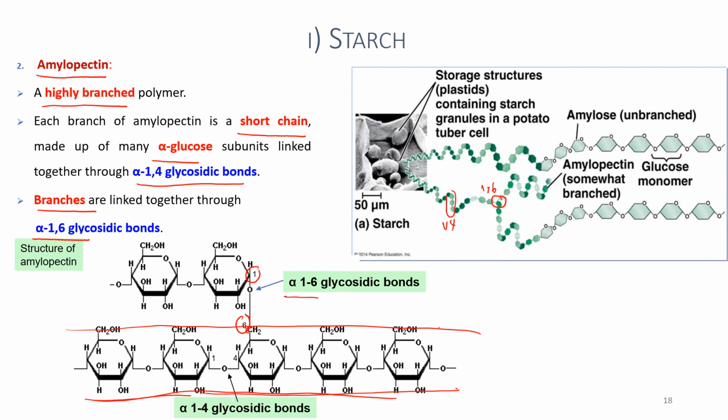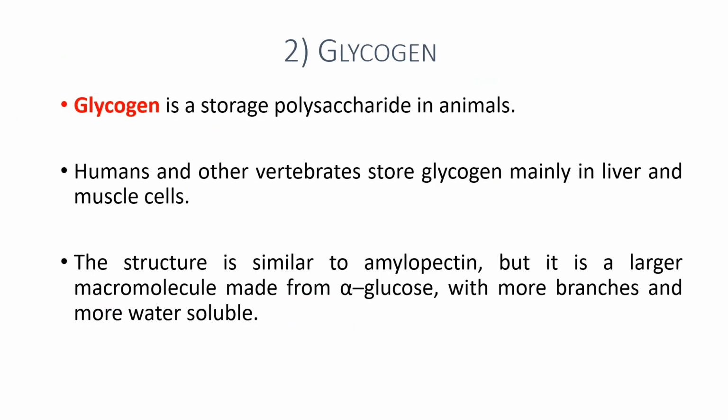The next storage carbohydrate is glycogen. Glycogen is the storage polysaccharide in animals. Humans and other vertebrates store glycogen mainly in the liver and also in muscle cells.